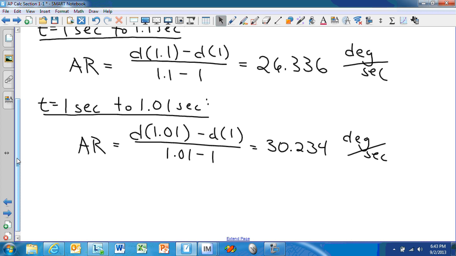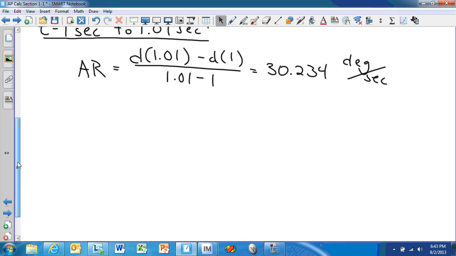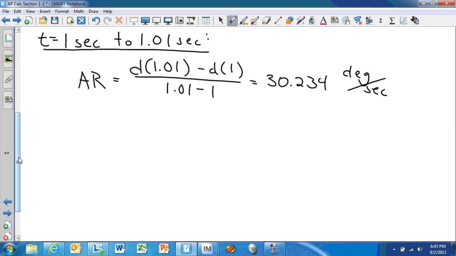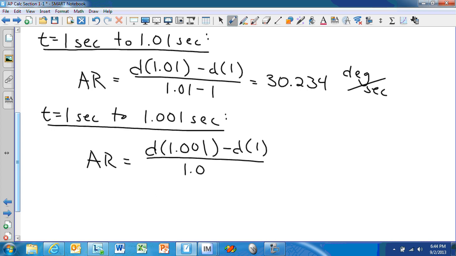So let's make that interval even smaller. Again, I'm trying to find two consecutive values here that are relatively close. So we'll go from t equals 1 second to 1.001 seconds. So your average rate is d at 1.001 minus d at 1 divided by 1.001 minus 1.